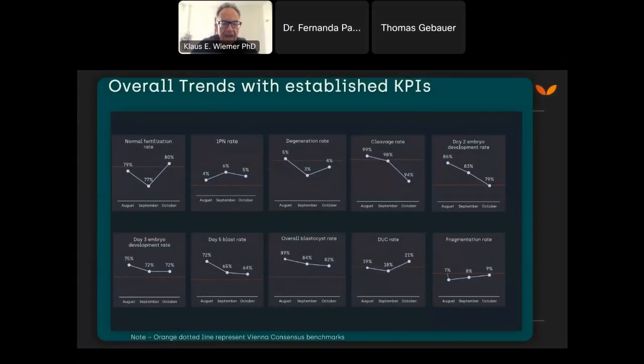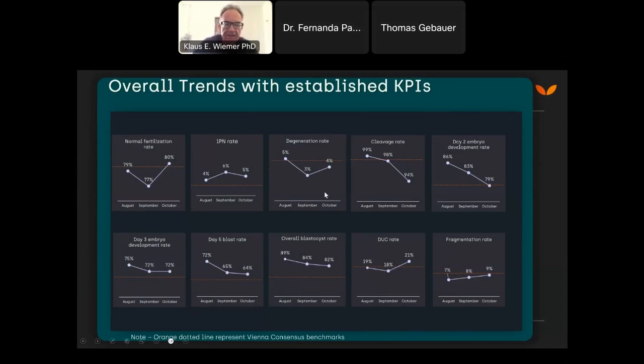And so now with AI, because you're looking at a time lapse, you have a predictive capability. So what you can do is look at all of your rates, for example, and this is just some rates that I pulled up from a clinic here.